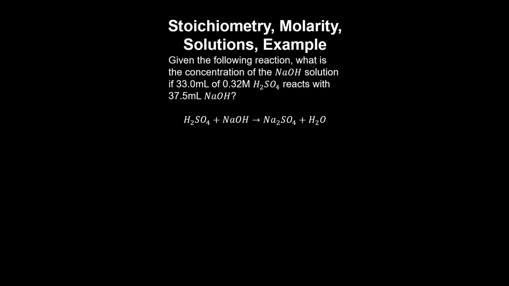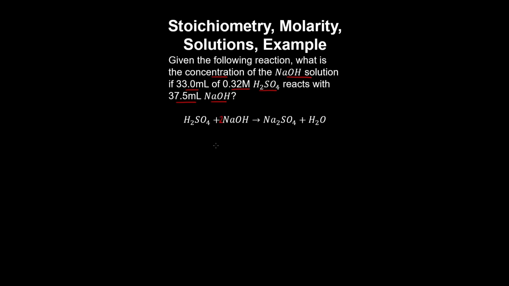Given the following reaction, what is the concentration of the sodium hydroxide solution if 33 mL of 0.32 molar sulfuric acid reacts with 37.5 mL of sodium hydroxide? So first we need to balance this equation.